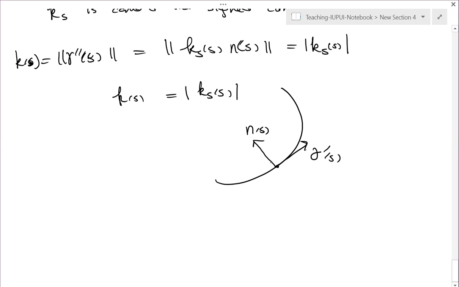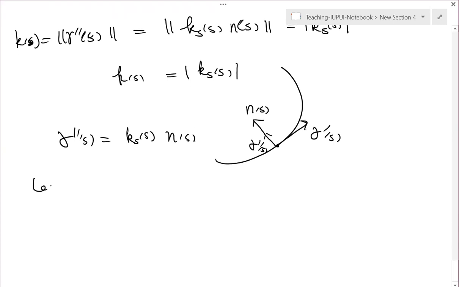This might be gamma double prime s. And our picture here is gamma double prime s is going to be k s times n s.